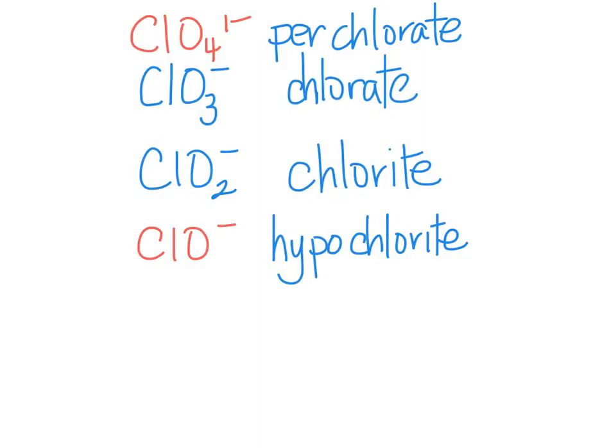So if you've got one more than the most common, you keep the most common name and put a per in front. If you have one less than the lower version, the ite, you put a hypo in front, meaning low. So we've got perchlorate and we've got hypochlorite.